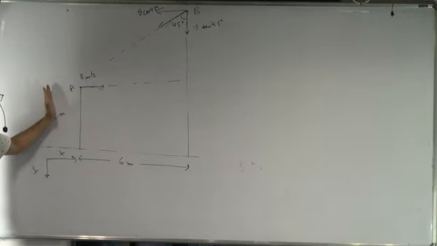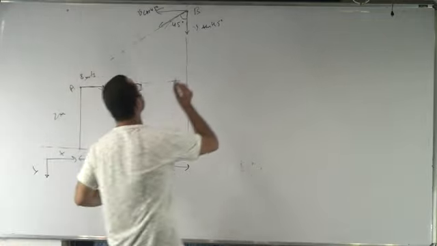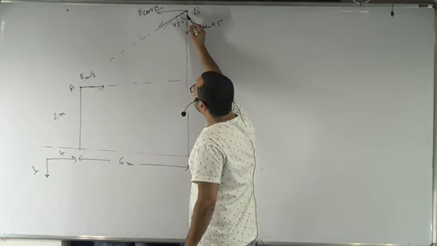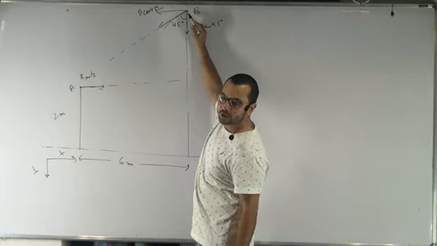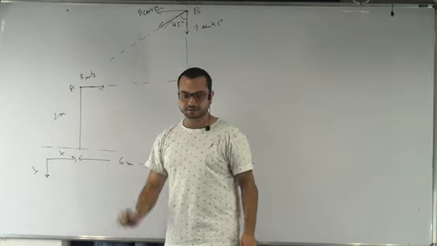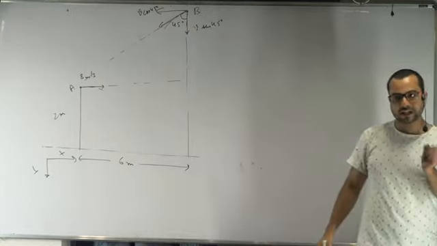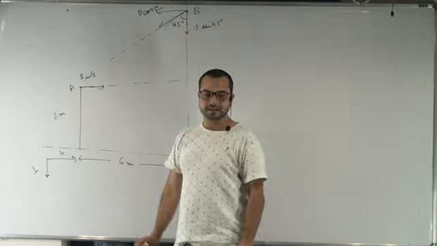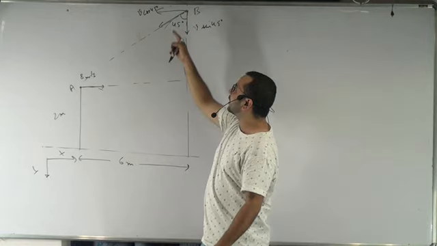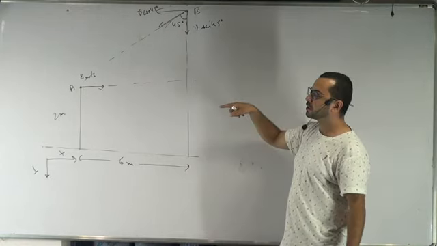With respect to A. So what do I know? I know that the relative velocity of B with respect to A has a direction along this line. Is that correct? So can we find the horizontal and vertical components of the velocity?